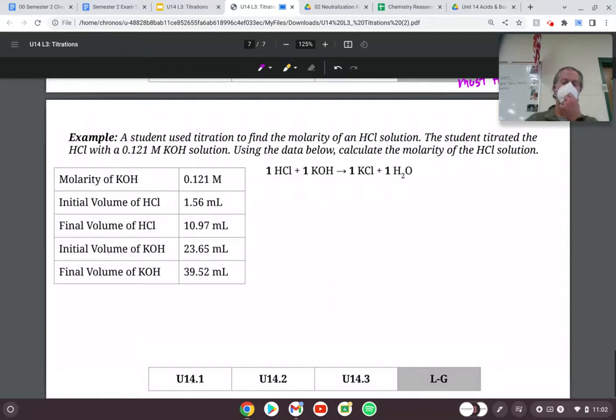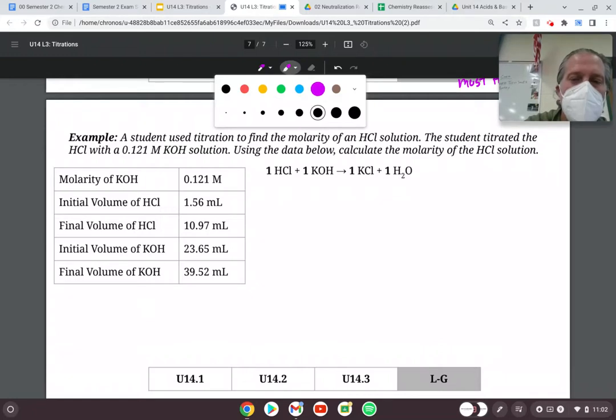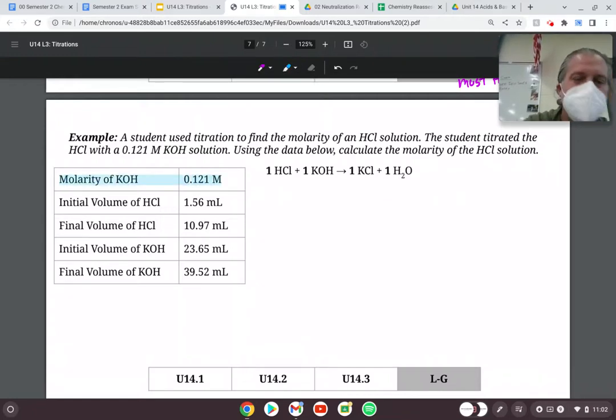The KOH, right? KOH is a base because hydroxide is present, meaning the HCl is an acid because it leads with a hydrogen. So in reality, we know a couple of things here. We know the molarity of the base in our data table because it's given to us in the problem. And we also know the initial volume of the base, so where the burette started, and the final volume of the base, where the burette ended.